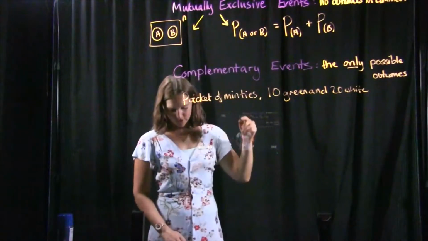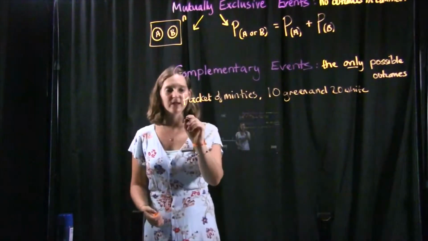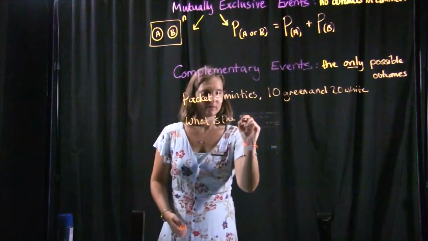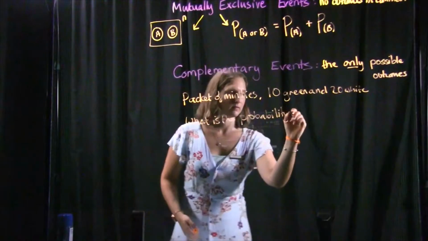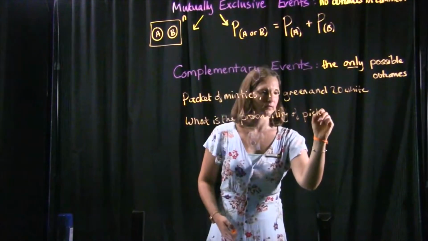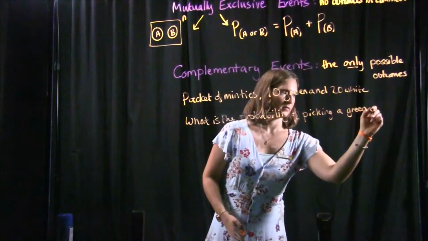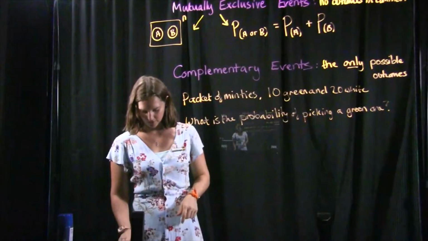All right, and you're going to pick one at random. What is the probability of picking a green? So we're going to look at the probability of picking a green one.